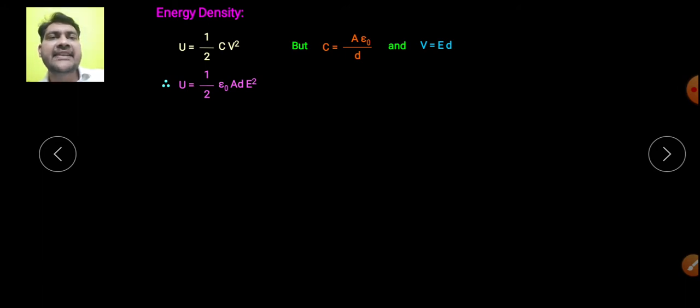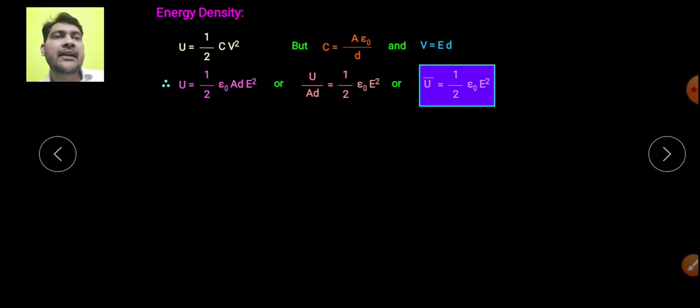If we divide the energy stored U by this volume, the energy density becomes half epsilon naught E square. So from this expression it is clear that the energy density, denoted by U bar, is proportional to the square of the electric field intensity between the plates.